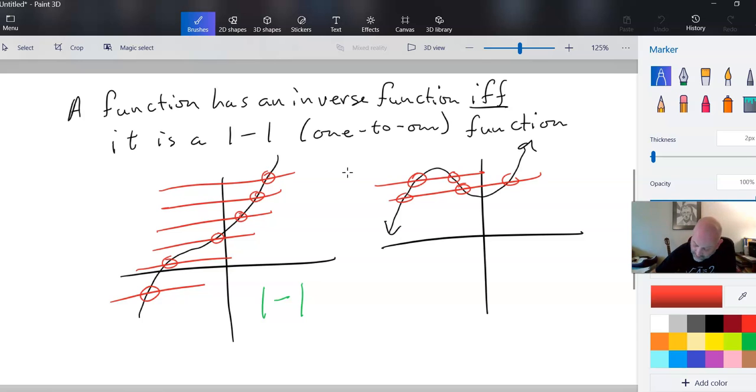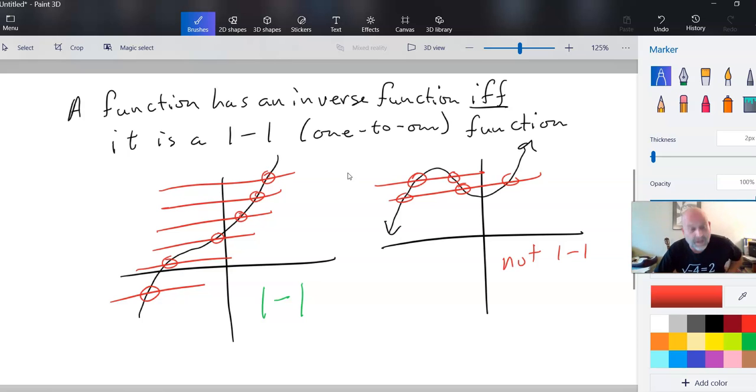So this is now not one-to-one, right? So you can tell ahead of time whether it's worth your time to go ahead and try to compute the inverse. If it's not a one-to-one function, there's no inverse function. Later on, like in calculus and things like that, there's a way to force an inverse function into something that doesn't have an inverse, but you have to exclude part of the value.